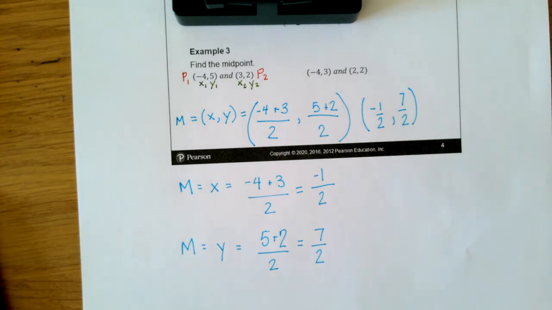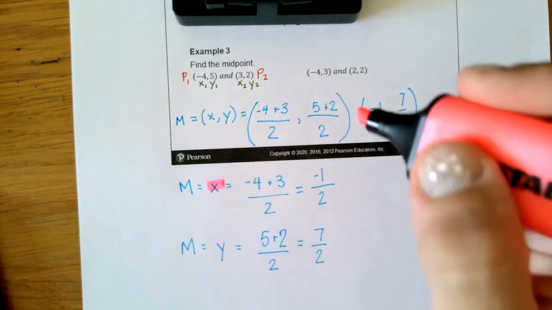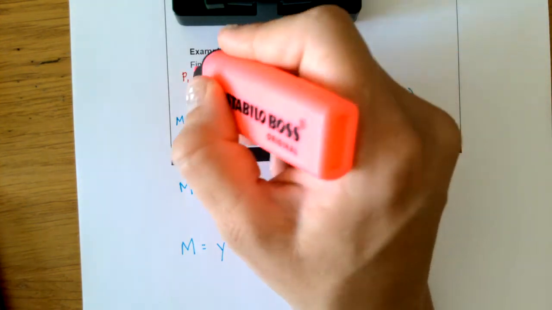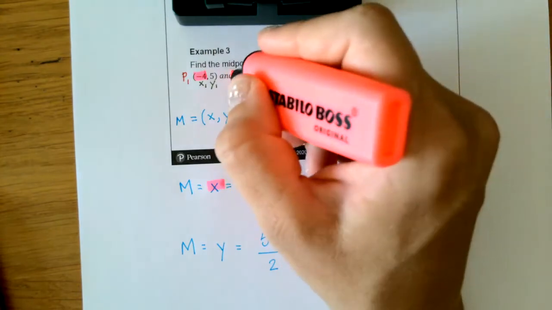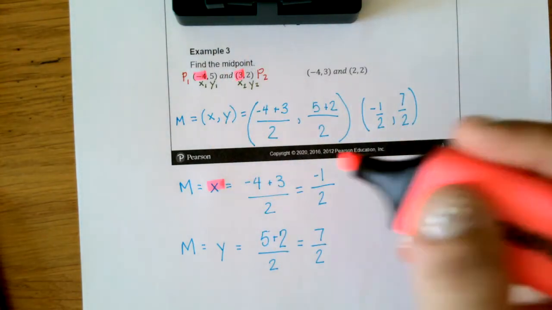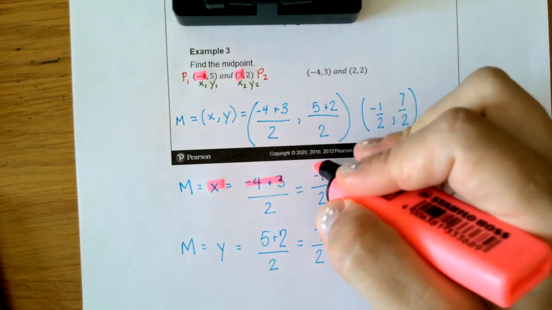Let's just look at this real quick. So we had the x, right? And for the x, we used the values -4 and 3, right? We put them here, and we ended up with this x.